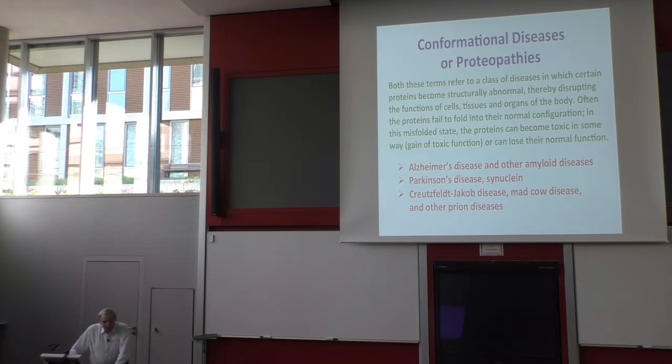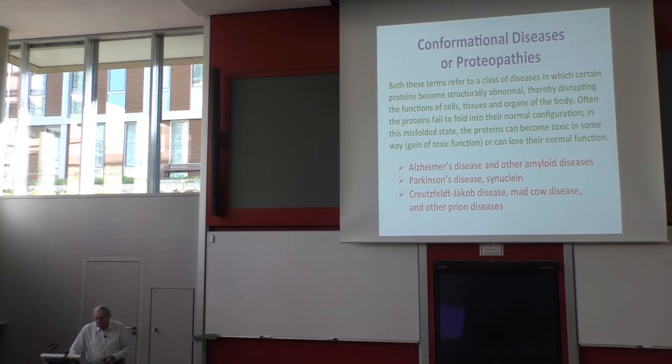Okay. This is a slide which defines what those conformational diseases or proteopathies are. These terms both refer to classes of disease in which certain proteins become structurally abnormal and disrupt the function of the cells and tissues and organs.